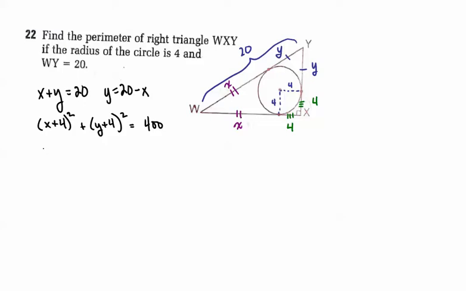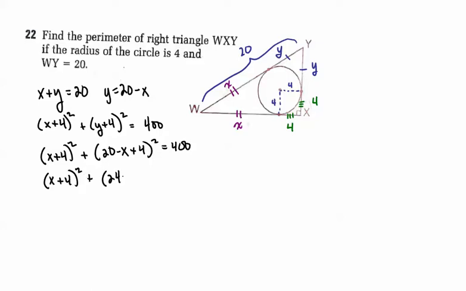So we're simply going to replace that, and we would have 20 minus x plus 4 in place of y plus 4, and that would give us x plus 4 quantity squared plus 24 minus x quantity squared is equal to 400.